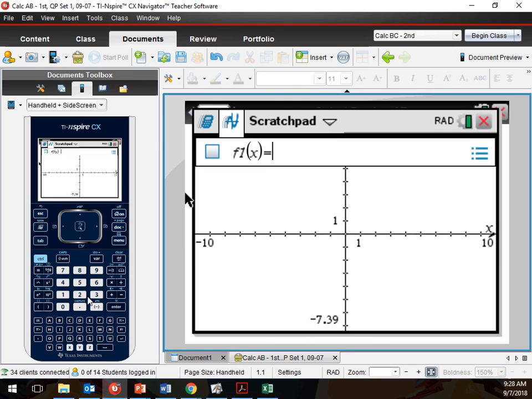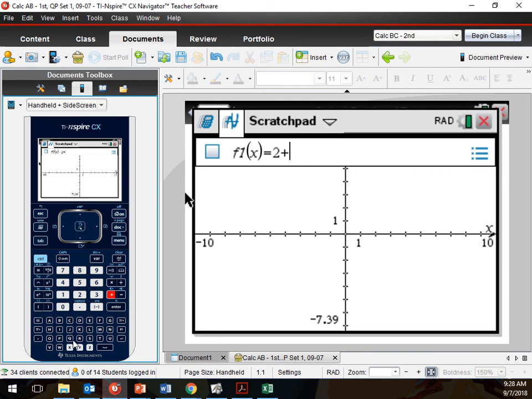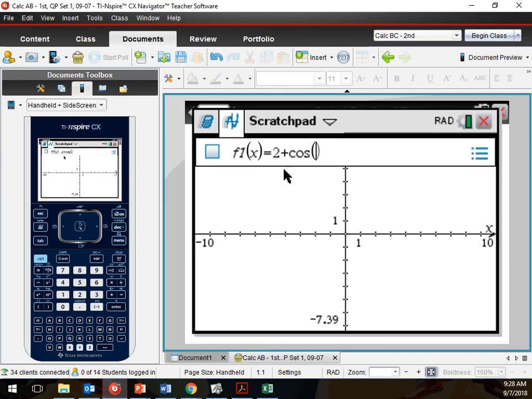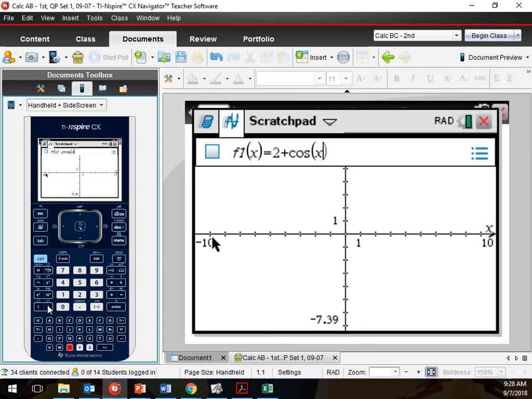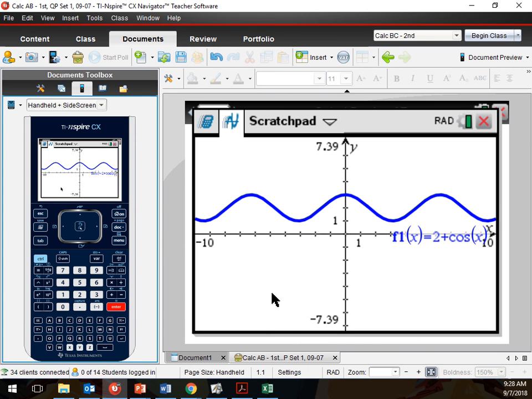So 2 plus cosine of x here, enter. At 0, we know that I'm starting there. So the graph of this, yes, you're right. The first should be at 2. So it is right here.